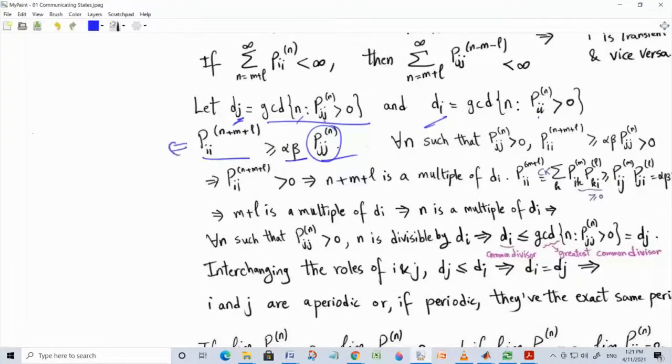So this equation tells us that b_jj of n being positive logically implies that p_ii of n plus m plus l must be strictly positive.